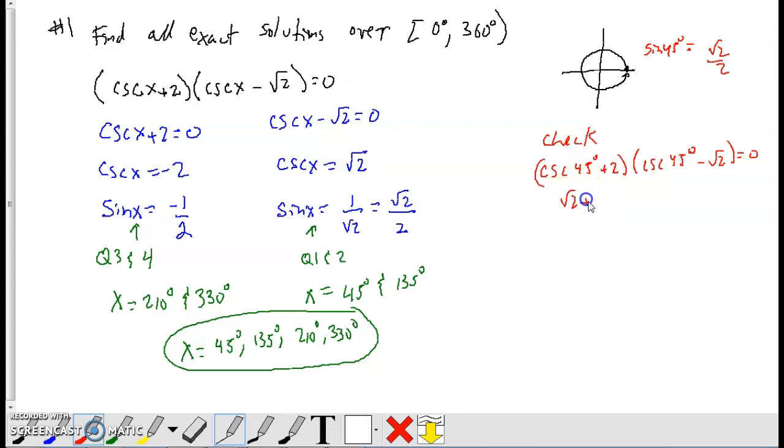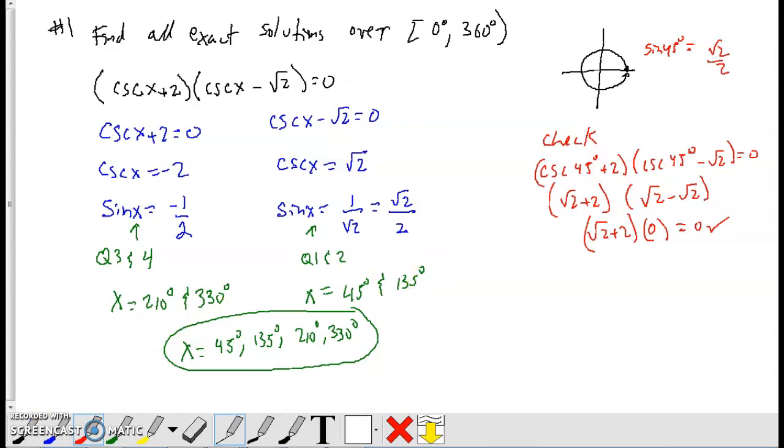So this will be root 2 plus 2. Doesn't really help us, but it does help us over here because root 2 minus root 2 gives me 0, which does in fact give me 0. We could do the same thing by plugging in 135, 210, and 330. I'll let you guys try checking those on your own.